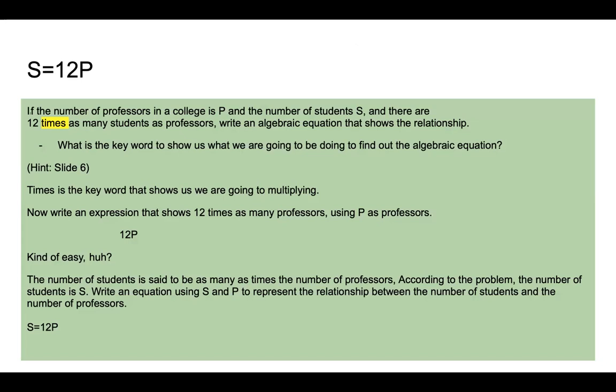So P obviously means professors. And then you're going to multiply 12 times P. When I was a student, well, I'm still a student, I always put 12, a little dot in the middle, P. But I know that this is probably the more accurate way of doing it.